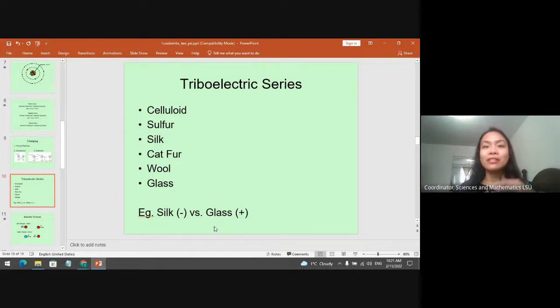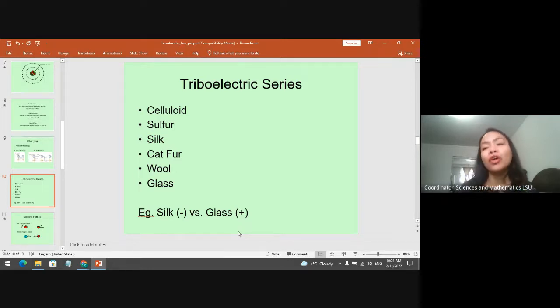Which one will be negatively charged and which one positively charged? Let us take a look at our triboelectric series. Silk is here, while glass is here. As we said earlier, going up is negative, going down is positive. So silk will be negatively charged while glass will be positively charged.